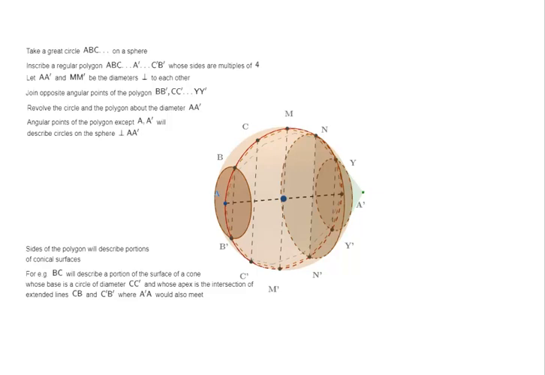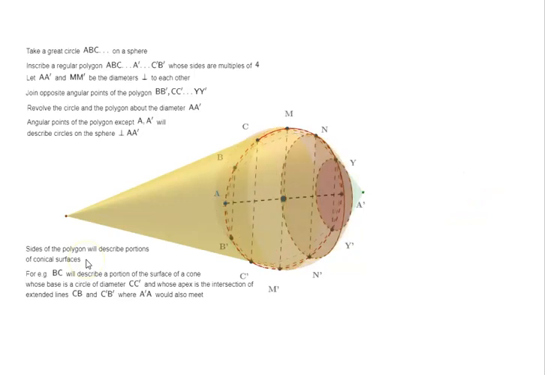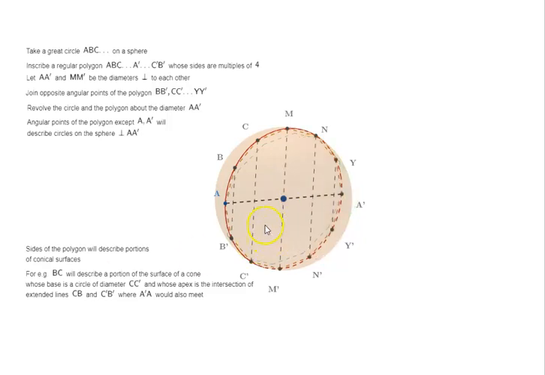You have a cone here, here, here, here, and here. Basically, portions of these cones are being formed by the rotation of this polygon about the A'A axis.